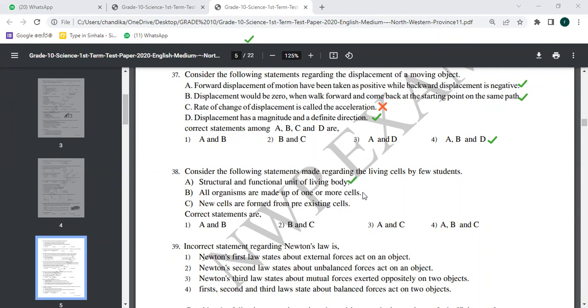Correct or wrong? Correct. New cells are formed from pre-existing cells. Correct. Then correct statements are the fourth one. All are correct. A, B, and C. All are correct, right?